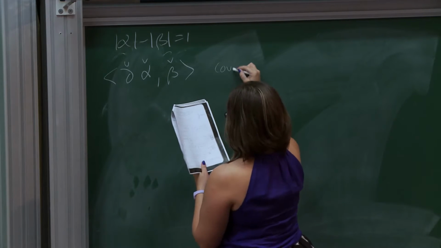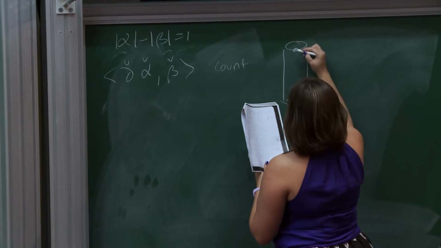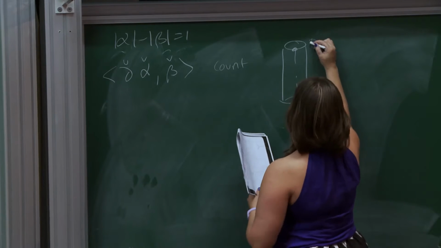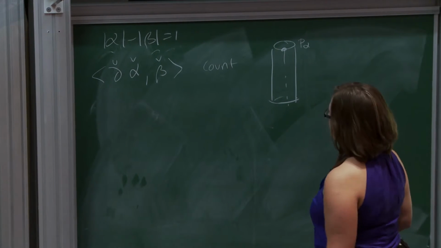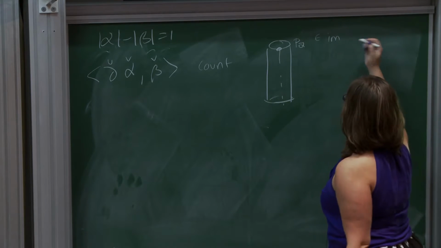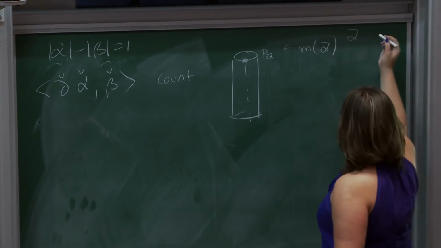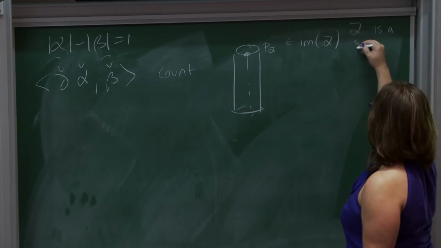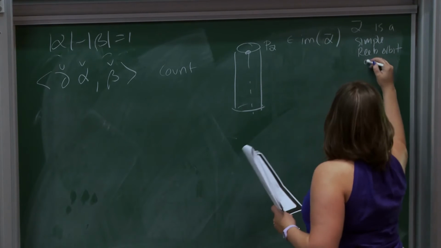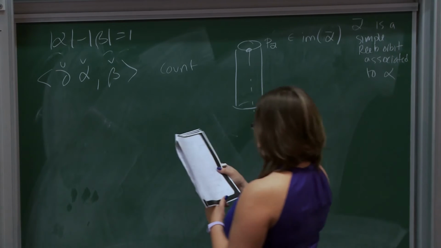So this will count cylinders where you're going to fix a point on the underlying simple Reeb orbit associated to alpha, where alpha bar is a simple Reeb orbit.